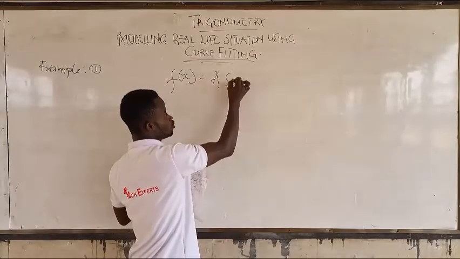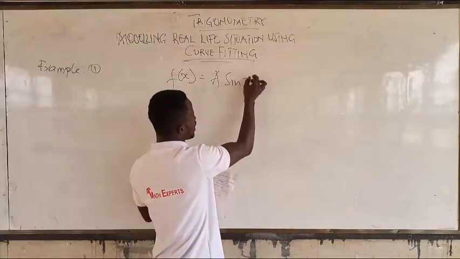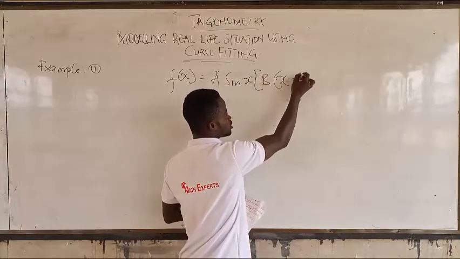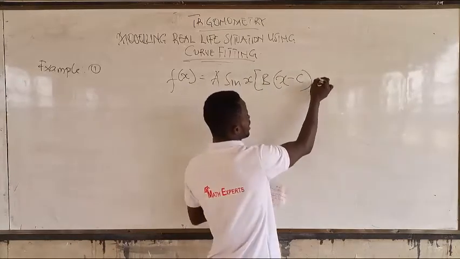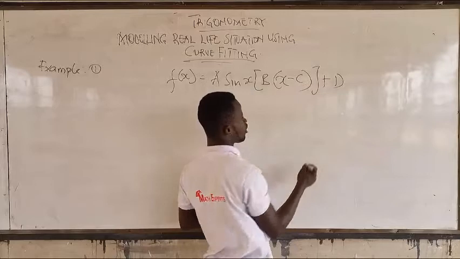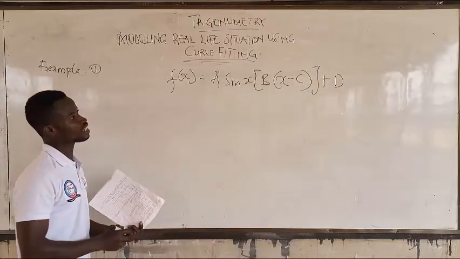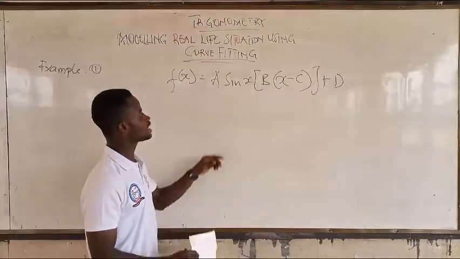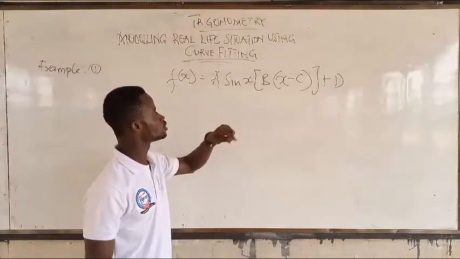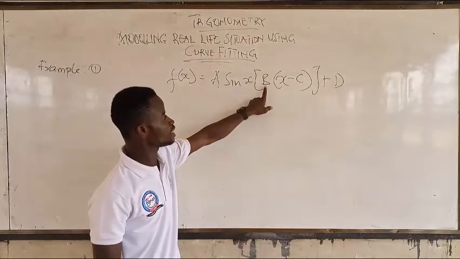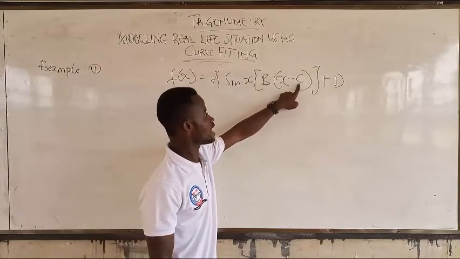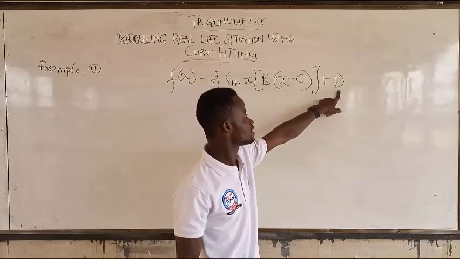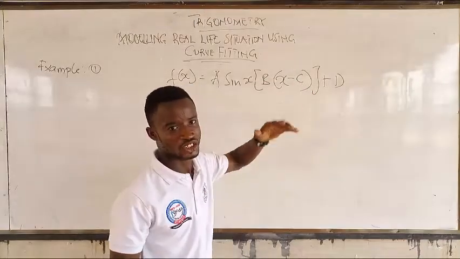And most of it, you will be doing it yourself, since I have taught you how to sketch curves already. Now, the first thing that we know is that A represents the amplitude, then B is for the period, then C is the horizontal shift, then D is the vertical shift.